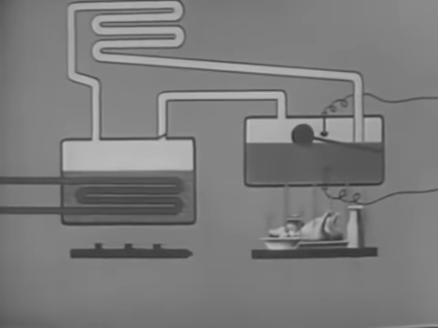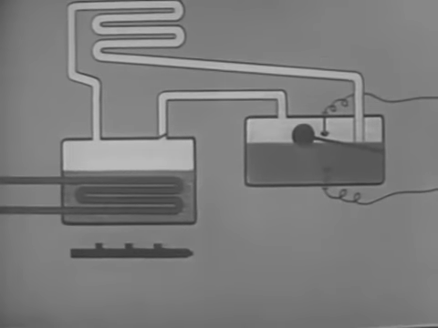The refrigerant then absorbs heat from its surroundings, changes to a gas, and is reabsorbed by the absorbent. These are the principles of refrigeration. Understanding them is basic to good refrigeration practice.